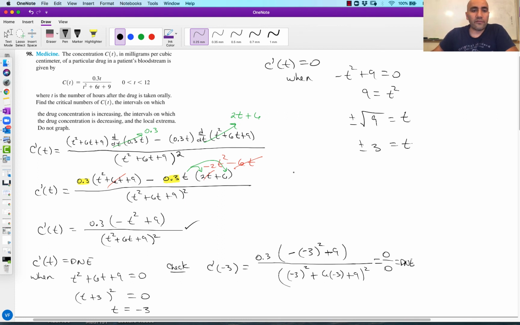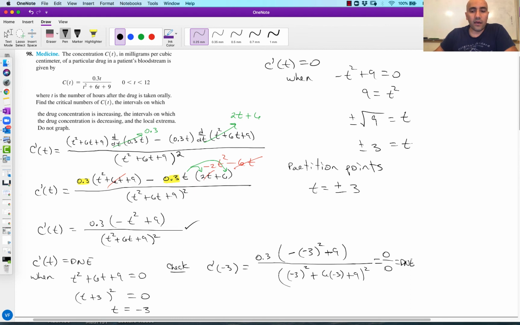Okay, so far we found the partition points of our function. Partition points are t equals plus or minus 3. The minus 3 appeared twice. It appeared once when we had this does not exist situation, and it also appeared again when we were looking at places where the numerator was 0.